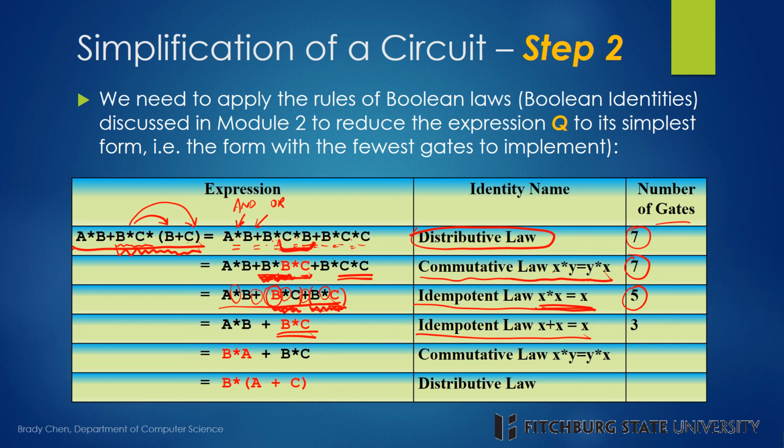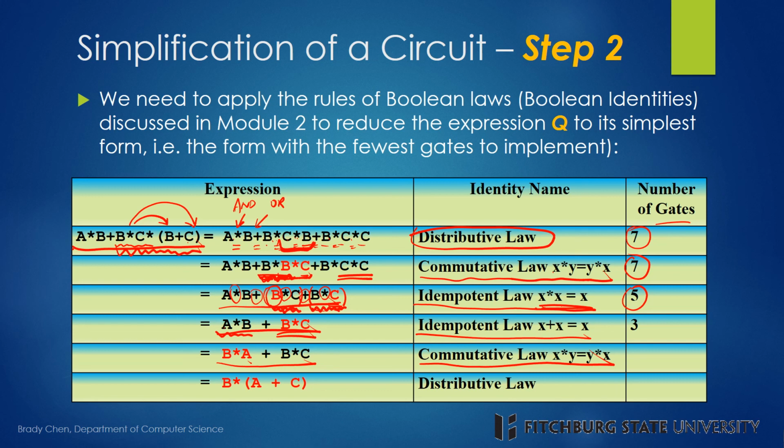Okay, so it looks like we have simplified the Boolean expression. Now we can actually do it further. We use the commutative law again to switch the order between A and B, right? So now we can have B times A, which is the same as A times B, plus B times C. Why do we want to do this?